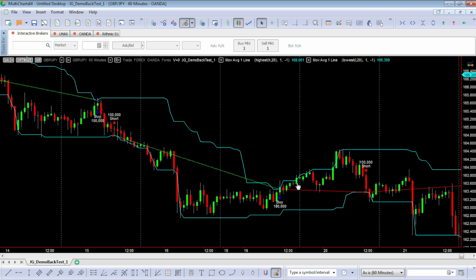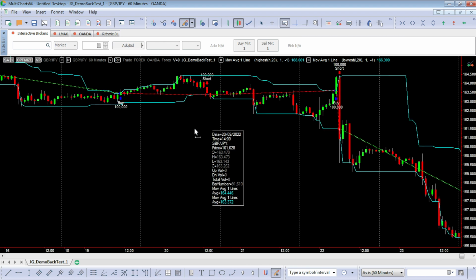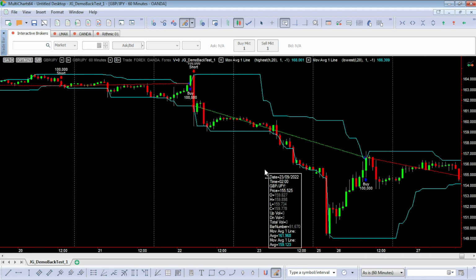And you can see prices rallied, carried on near the upper channel until we had a bit of a down move there, and it got us out of our long trade at a very small loss and into a new short trade, with the stop loss of the short trade obviously being the upper channel. I'll scroll back so we can see some more examples of trades. Here's a pretty good short trade.